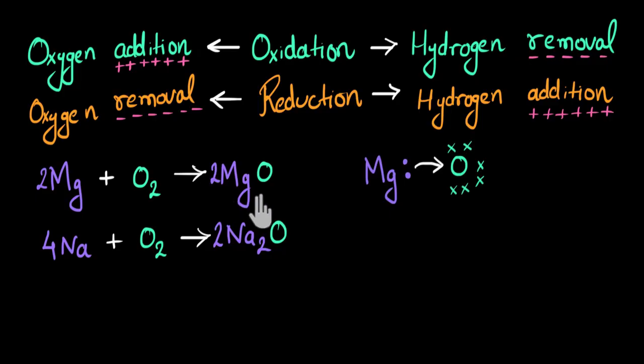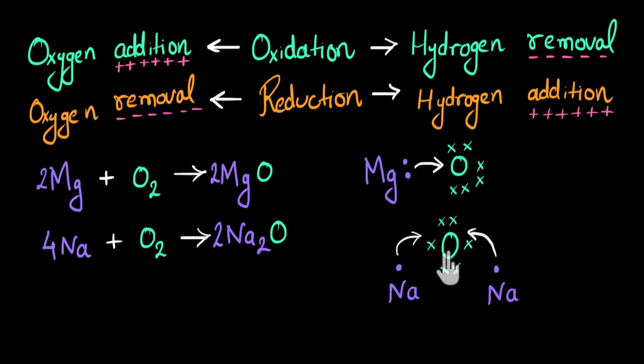When magnesium was combining with oxygen, it had to lose its electrons to oxygen. Similarly, in the case of sodium oxide, when sodium was getting added to oxygen, both the sodium atoms were losing one electron to oxygen. We saw in all the oxidation reactions that the elements were losing electrons to oxygen, either fully or partially.